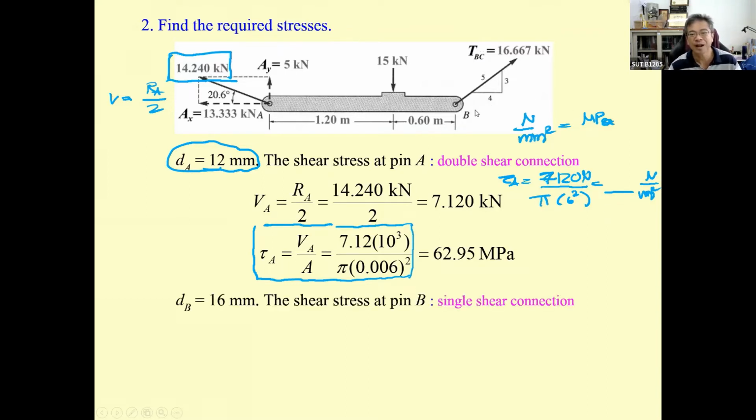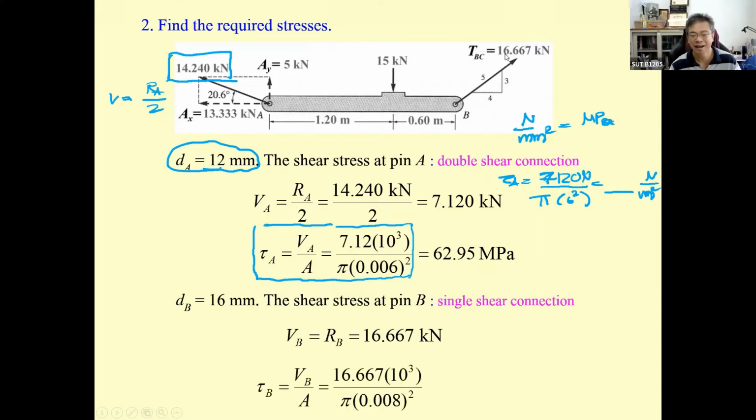Now, the B is single shear. 16.667 is going to be the shear over here. Then you just divide it by the area and you get the stress. Most of the time, the instructor may provide you with the sigma allowable, tau allowable.